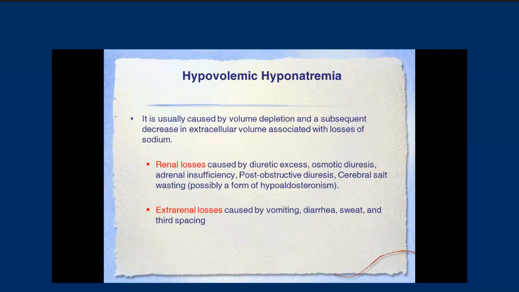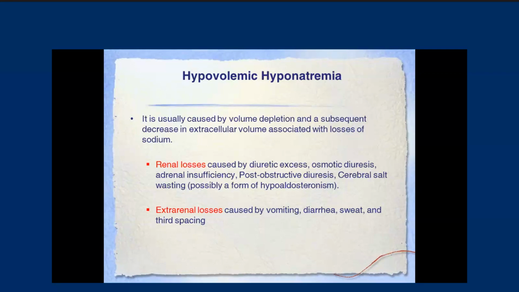The other cause of renal losses is osmotic diuresis from osmotically active substances, like when we give mannitol to patients as a treatment. Subsequently, there will be osmotic diuresis. So if there is significant loss of water as compared to the sodium, that may result in hypovolemic hyponatremia.